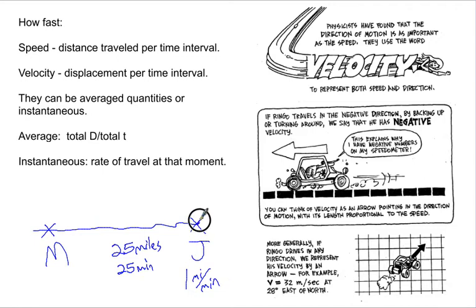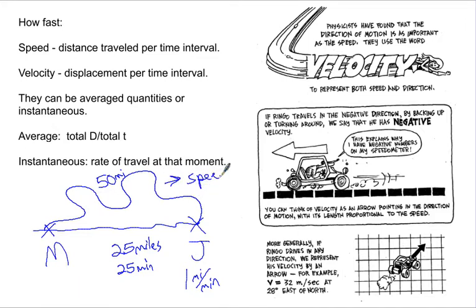If instead I took some back roads from Janesville to Mankato, and I don't know if there's any back roads that actually do that particular route, let's say now I went 50 miles. Okay, so now I went 50 miles, and let's say I did that in still 25 minutes. So here if I do 50 miles in 25 minutes, my speed would equal 2 miles per minute.